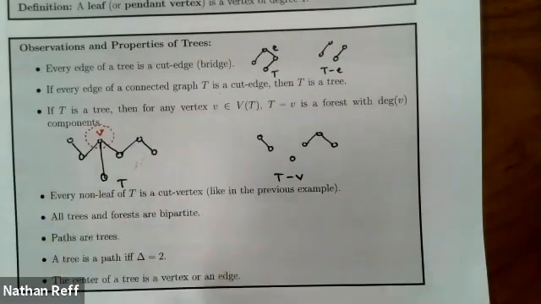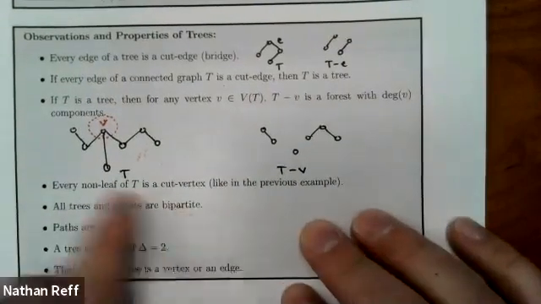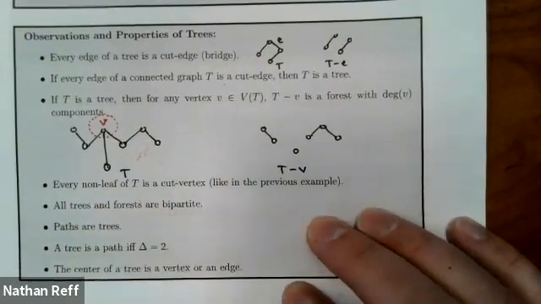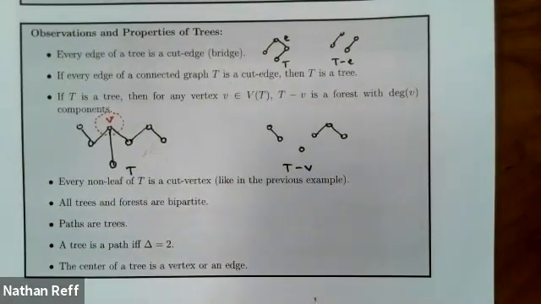For example, you can think of a tree as sort of the skeleton of a graph that might have more connections. So maybe you can prove some things on trees that then can be used for arbitrary graphs. Now, all trees and forests are bipartite. Could you guys prove that? I claim that you could prove that by referencing one theorem that we already have.